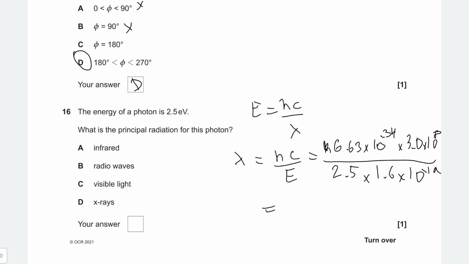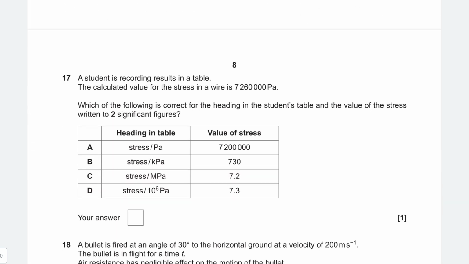That is quite a lot of numbers. Okay, so this is giving me 4.9 times 10 to the power of minus 7, which is 490 nanometers. This is visible light. Correct answer is C.